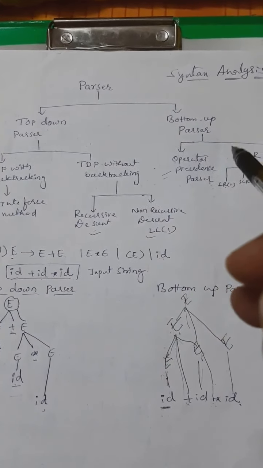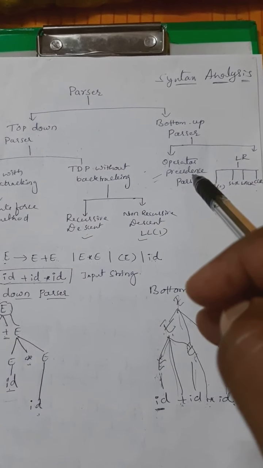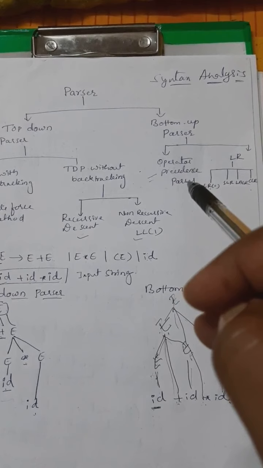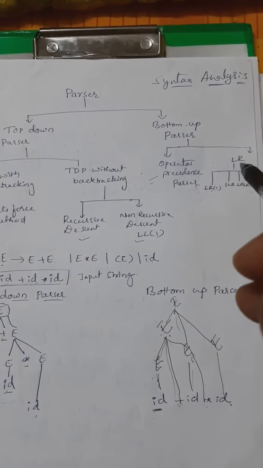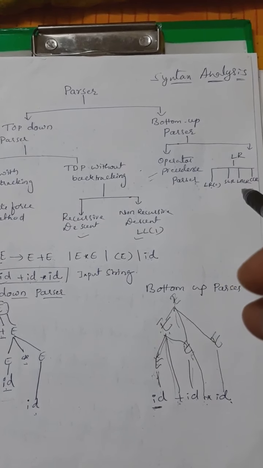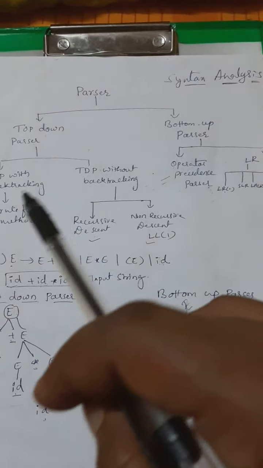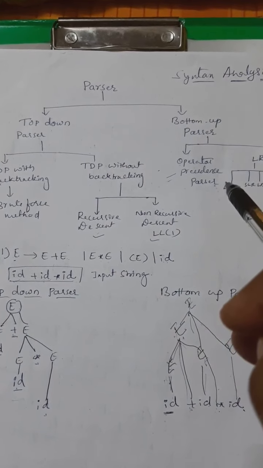Let us see the second type of parser, that is the bottom-up parser. The bottom-up parser is divided into two types: operator precedence parser and LR parser. The LR parser is again divided into LR0, SLR, LALR and CLR. You are going to study all these parsers in coming classes.